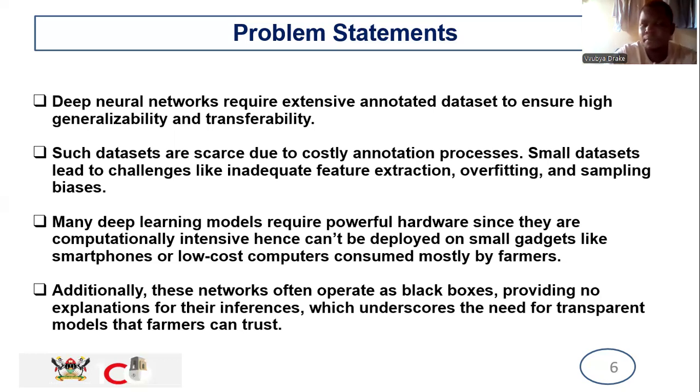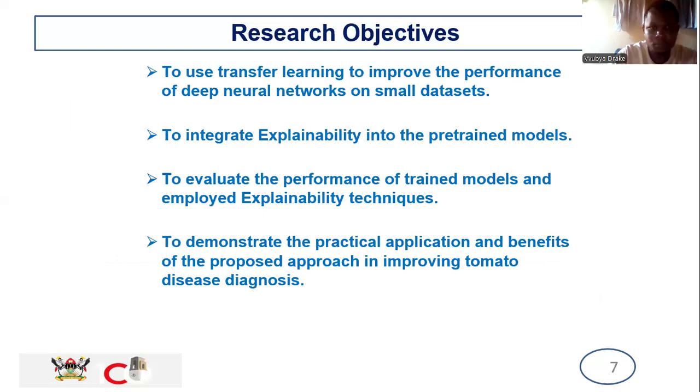Additionally, these deep learning models are black box in nature. So farmers don't know which features or how these models came to their predictions. Their explanations for their inferences are not transparent. So farmers need more transparent models that they can trust.